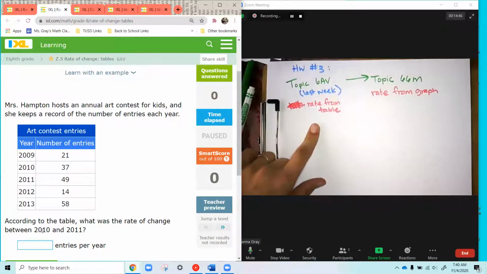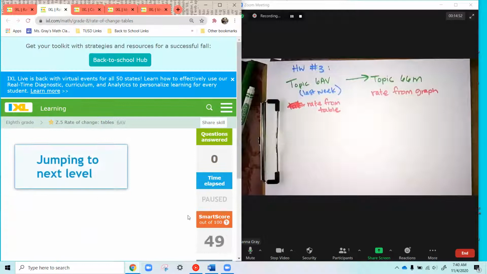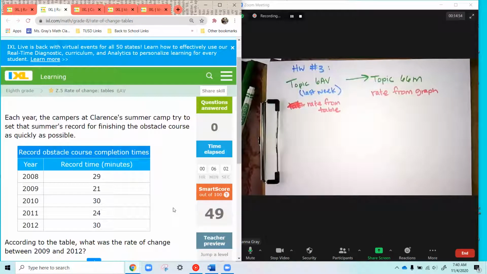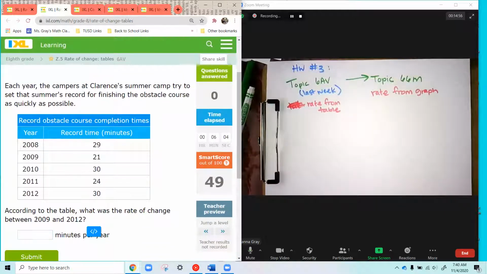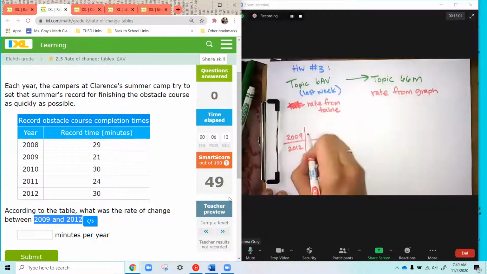So if I'm looking at the rate of change between 2010 and 2011, actually, you know what, let's jump forward and do a harder one just so that we can convince ourselves that we know how to do it. So 2009 to 2012, so in that table, I'm literally only paying attention to those 2. And then 21 is 2009 and 30 is 2012.